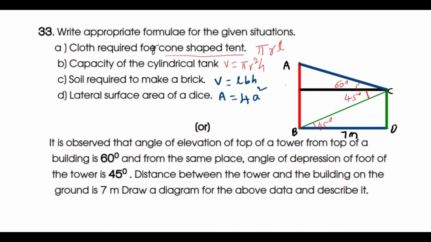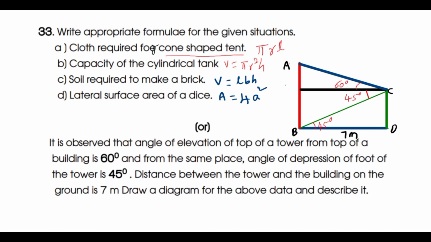But they are asking you to draw a figure for the above data and describe it. Describe means what is AB, what is CD, what is BD from the figure, what is the angle of elevation, what is the angle of depression. These all points we have to write step by step. For example, AB is the height of the tower and CD is the height of the building. The distance between the foot of the tower and the foot of the building is BD equal to 7 meters.